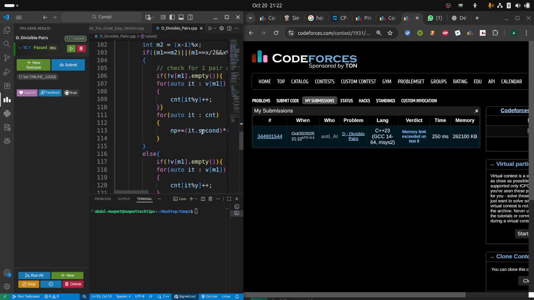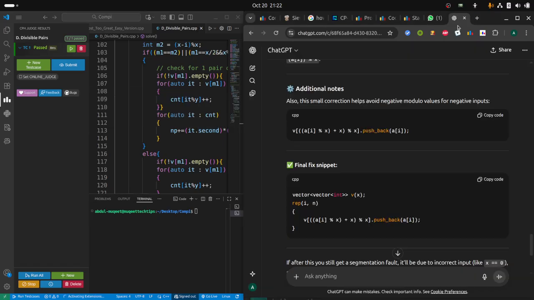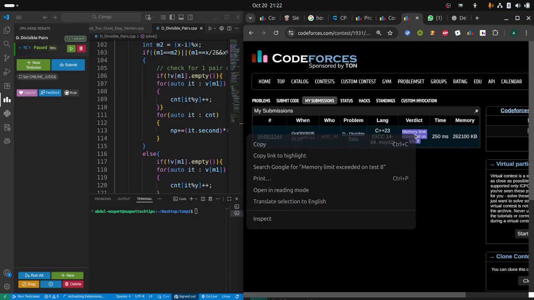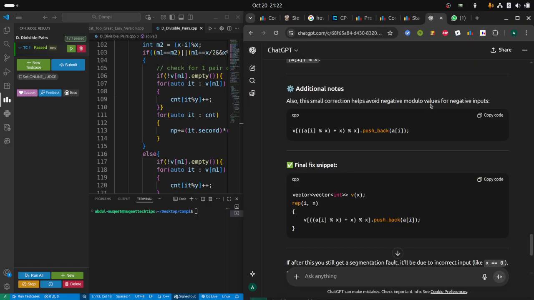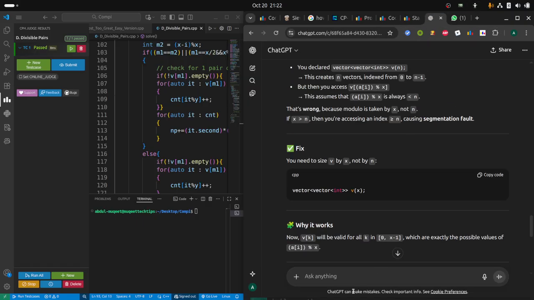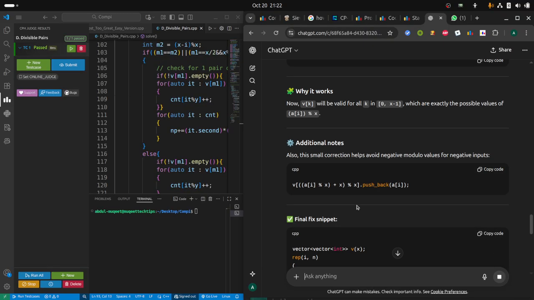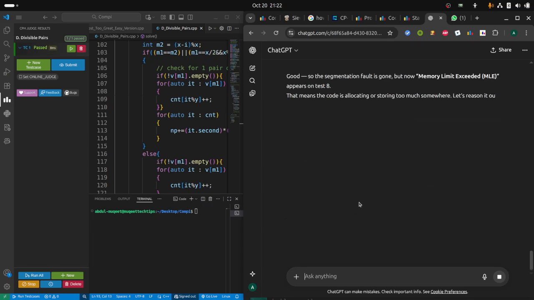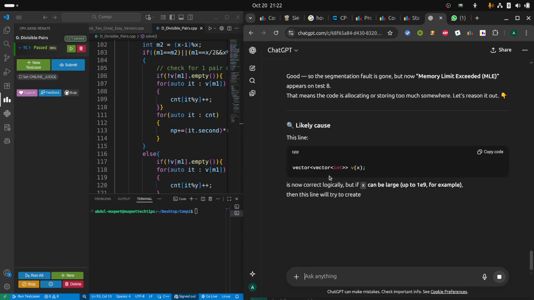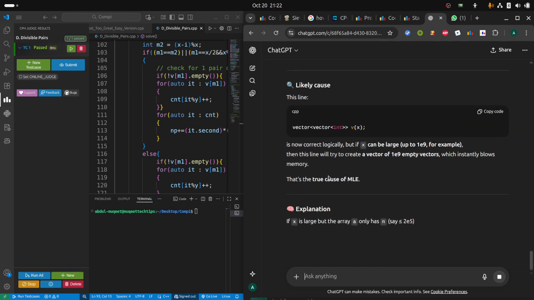No, it's the memory limit. Okay, how can I fix this? I just need to think about it, because I'm consuming so much, so much memory. The code is allocating memory and the logic is not correct.